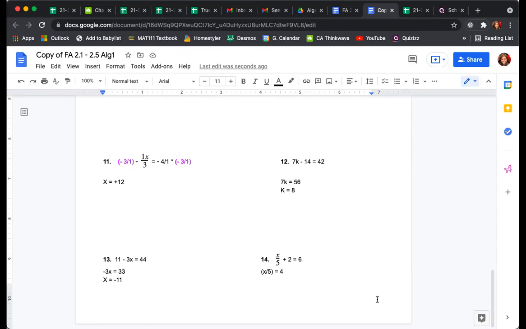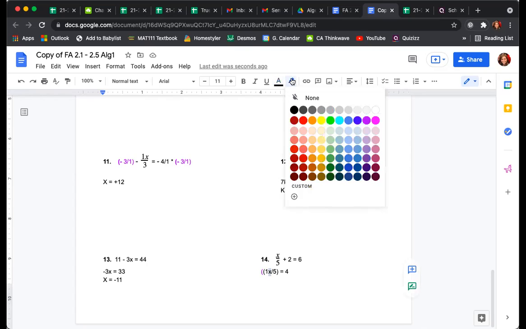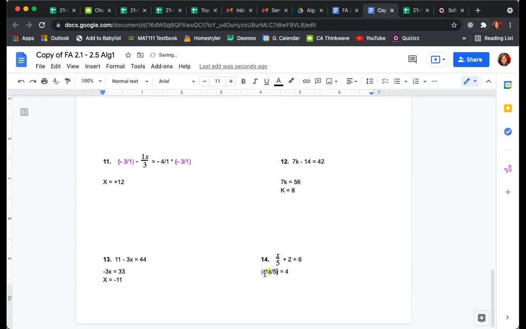Now I've got this fraction. I want x equals. I have 1x over 5 equals. The only way to get rid of that is either divide by 1/5 in your calculator, or the proper way to get rid of that is to multiply by the coefficient's reciprocal, meaning leave the variable, multiply by the reciprocal of its coefficient or the numbers that are left.